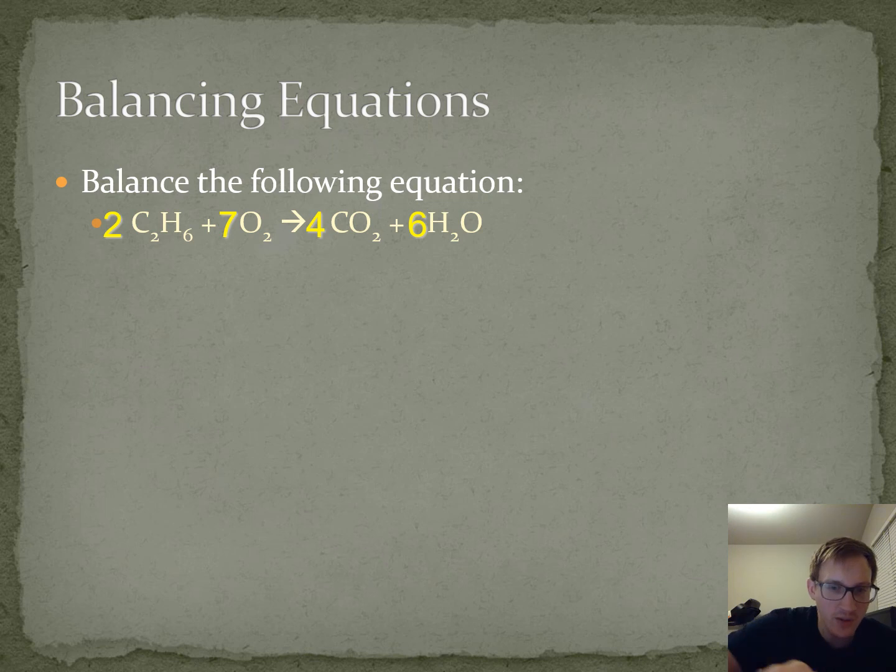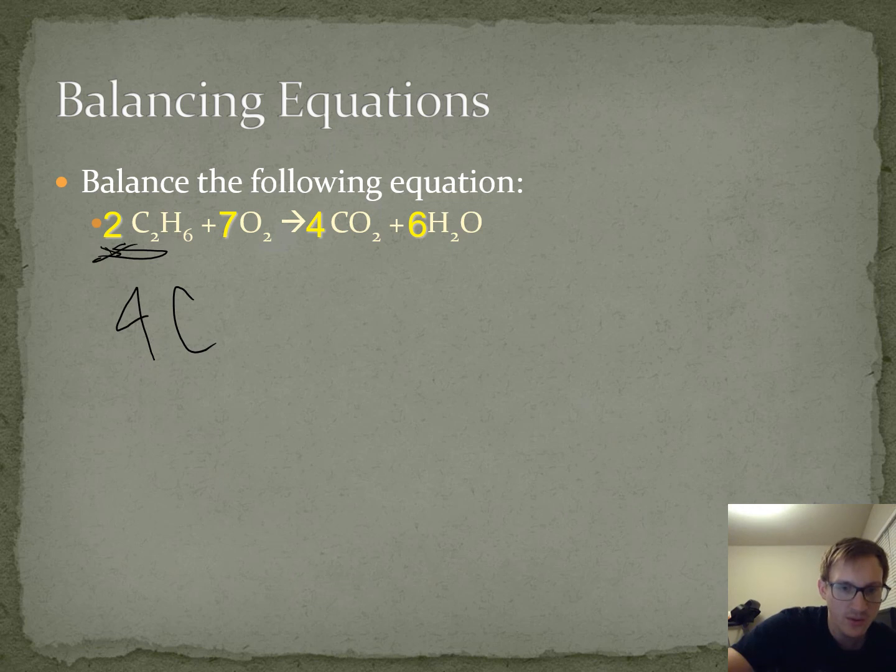So if you look, I have 2 times 2 for carbon, so that means 4 carbon. 2 times H6, that's 12 H's. I've got 7 O2, so that's 14 oxygens.